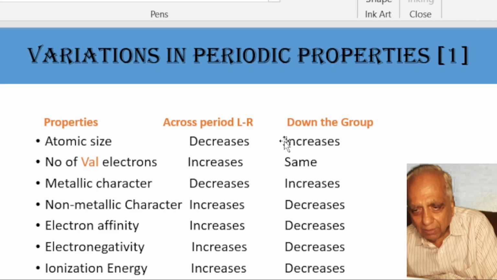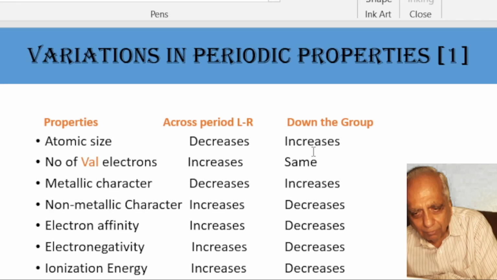So here you can logically learn. Number of valency electrons: if we go from left to right, sodium is having 1, and if we go to the extreme right, that will be halogen. So these are the valency electrons, not the total number of electrons. Valency electrons will become 7, sodium 1, magnesium 2, so it will go on increasing. And down the group, valency electrons remain the same, as we have learned.